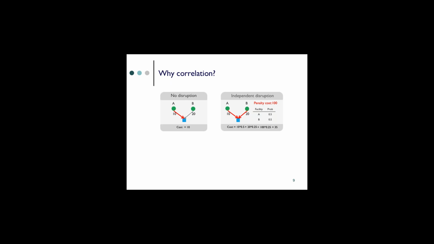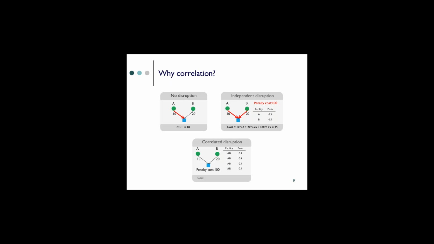Further, we assume that the disruptions are correlated with each other, as listed in this table. Here, for example, the situation when A is functioning and B is disrupted has a probability 0.4.